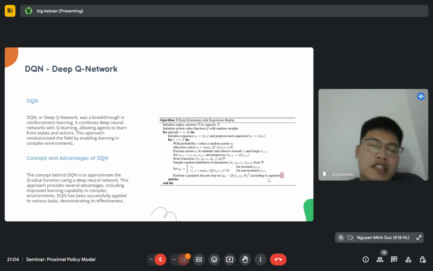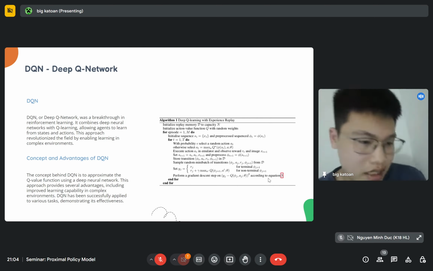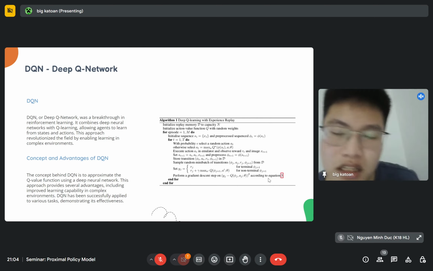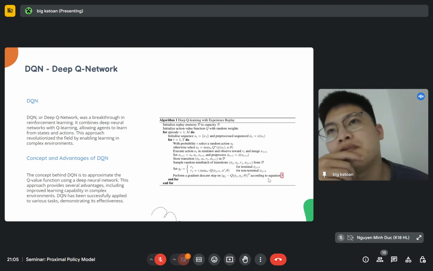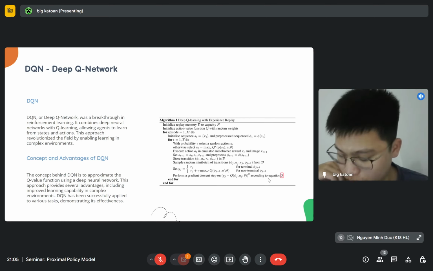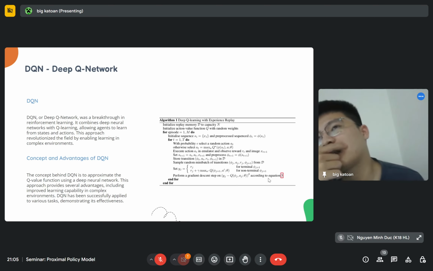It cannot solve continuous action spaces, because it's quite hard to change a tabular method into something more complex, like continuous action space.